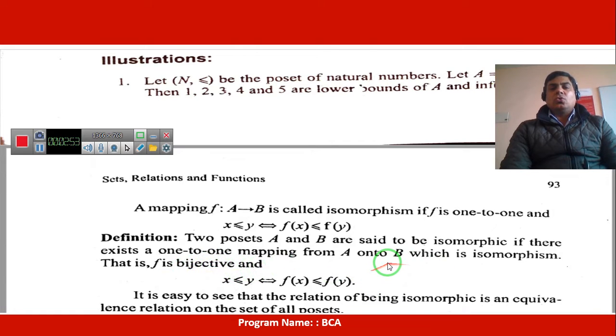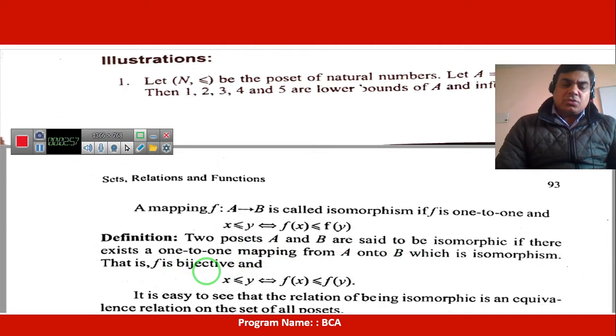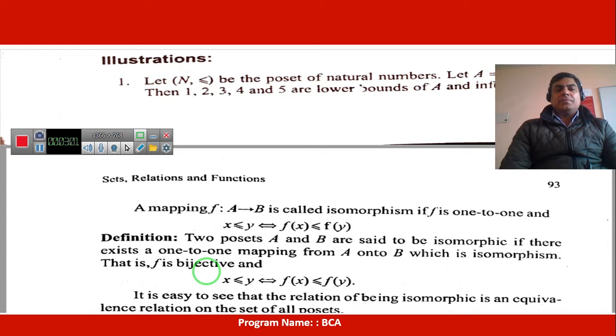One-to-one and onto mapping is called bijective. If it is into, then it's called injective. So here we are discussing the bijective. If X has a relation with Y, then F(x) has the relation with F(y).